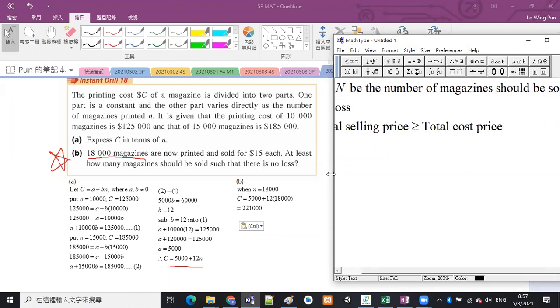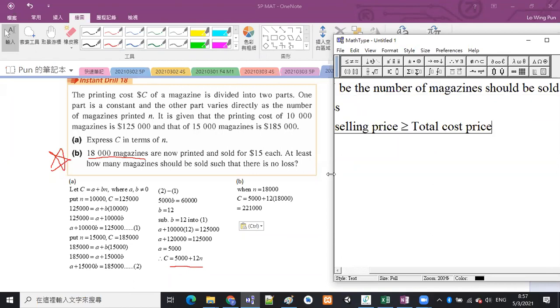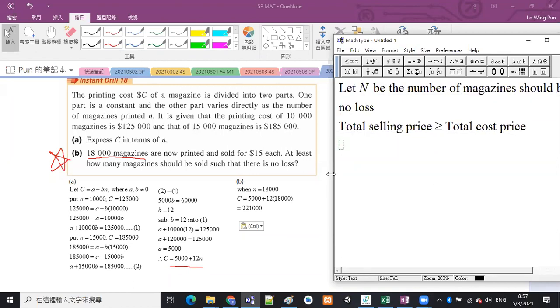should be sold。應該要賣嘅雜誌嘅數目。我賣咗 n，即係要賣 n 咁多本，而每本係15蚊，所以個 total selling price 係咪應該係15 times n？We have n copies of magazines being sold, and each of them, the selling price is $15.